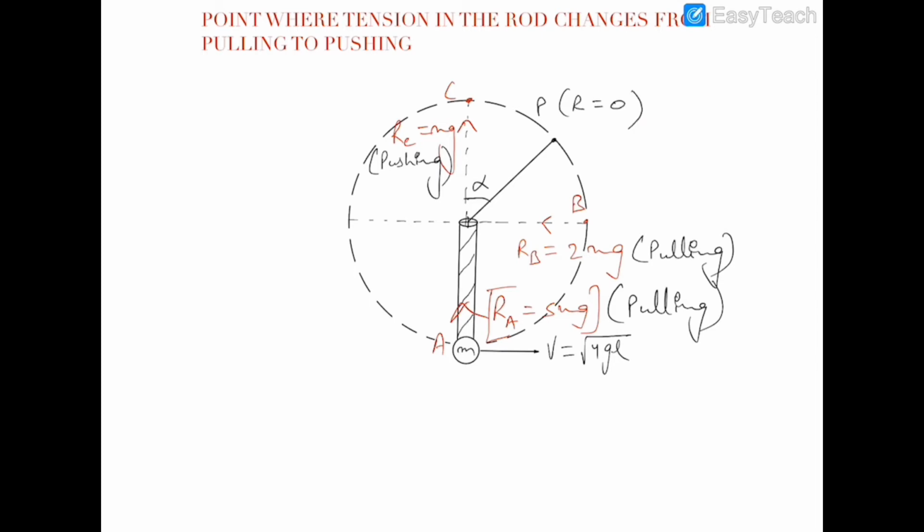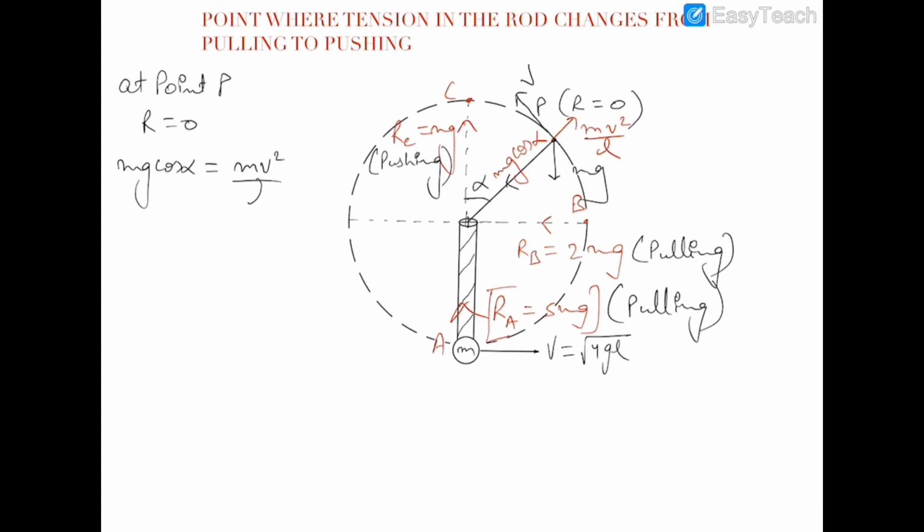Now at this point the reaction should be 0. So if the reaction is 0, then mg will be acting in the downward direction, and its component will be mg cos alpha, and it will be equal to mv square by L. So if the normal reaction in the rod is 0 at point P, mg cos alpha will balance mv square by L, and therefore v will be equal to under root Lg cos alpha.